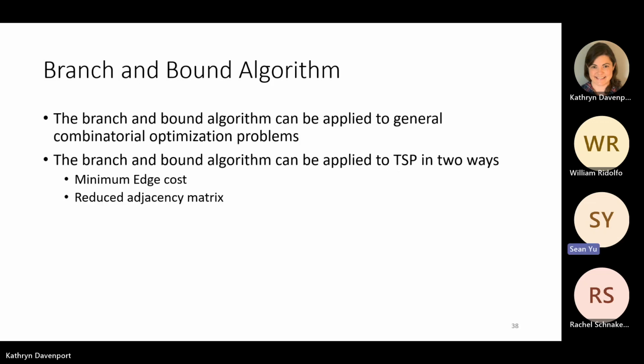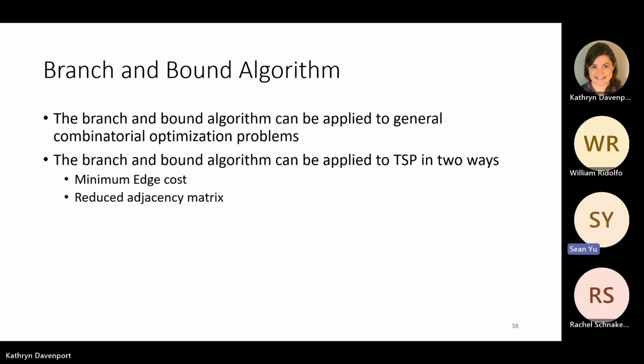So the branch and bound algorithm is a combinatorial optimization algorithm, and it's used in linear programming. But when you apply it to the TSP, or traveling salesperson problem, there's 2 ways you can do it. The one way is by considering every single edge.